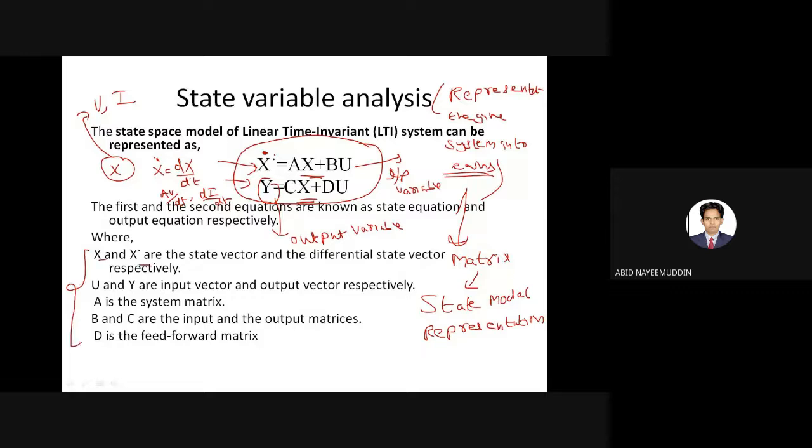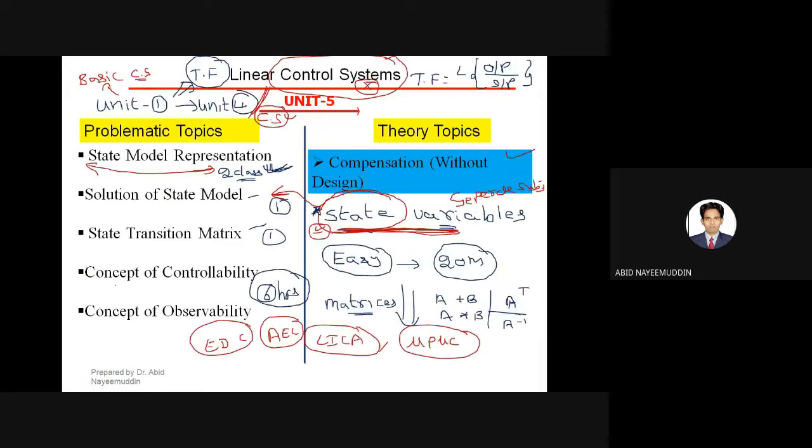So here x and x dot are some variables. I will come to what a state vector is later. And u and y are the input and output variables, and A, B, C, D are the matrices. So simply what I would like to say to all of you: what is this state model representation? Converting the equations into matrix form.